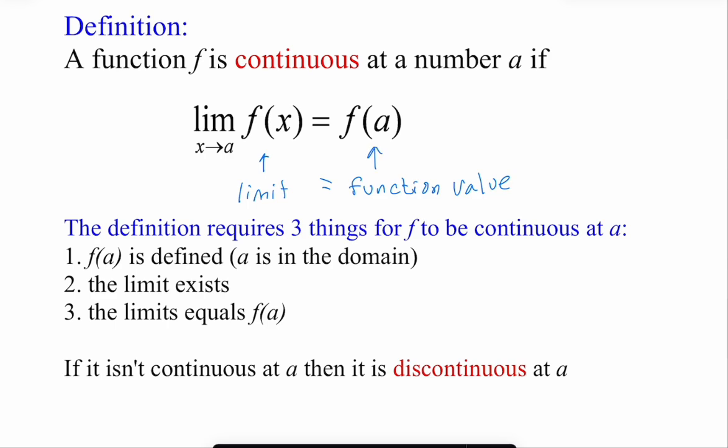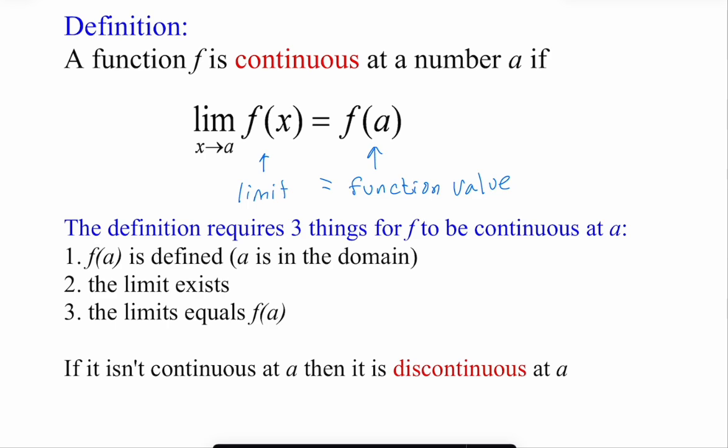So if the limit, the left and right locations coming in, equals the function value, then it is a continuous value in the function. So it requires 3 things. First, f of a has to be defined. It has to work. Then the limit has to exist, and then they have to match.